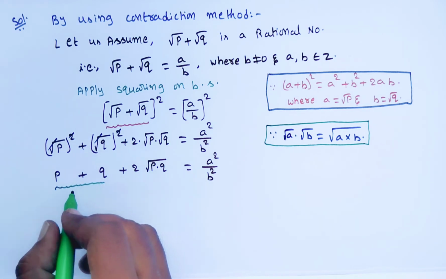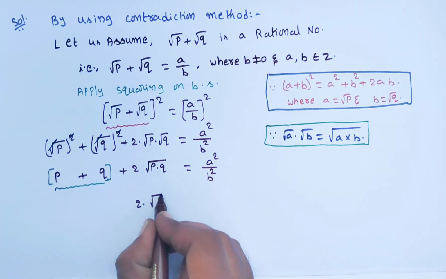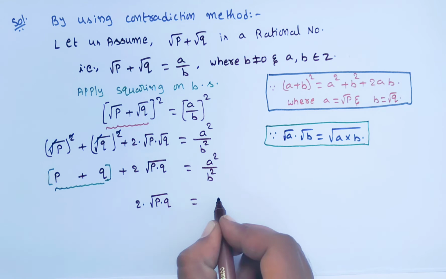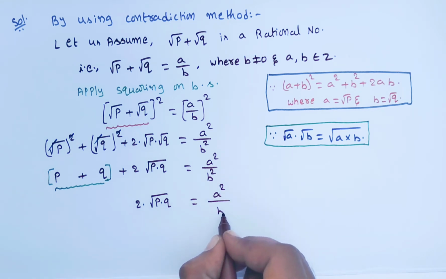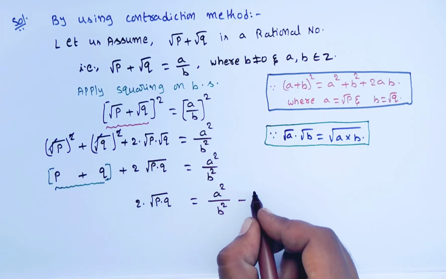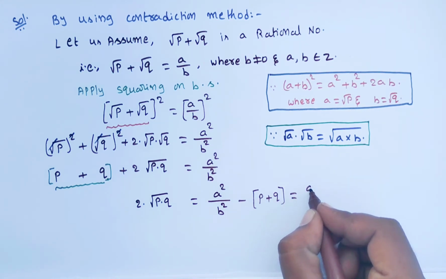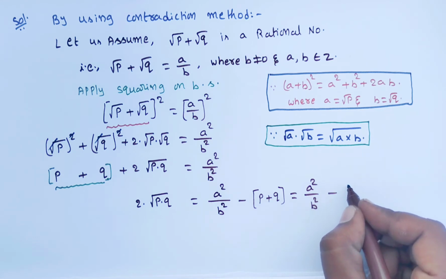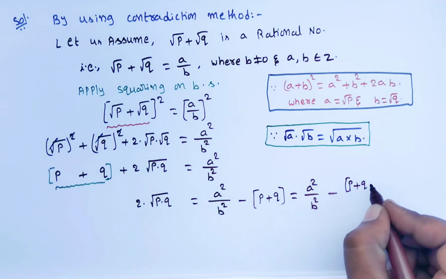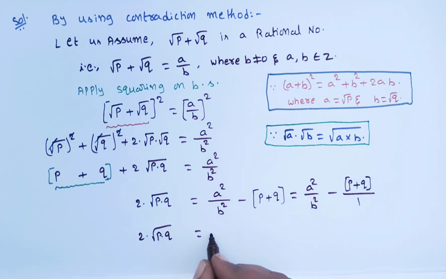So p plus q, written as a single term, we transpose to the RHS. So 2 root of pq equals a squared by b squared minus (p plus q), because that term has a plus sign before it. Writing p plus q as (p plus q) divided by 1, take the LCM of denominators, b squared into 1.